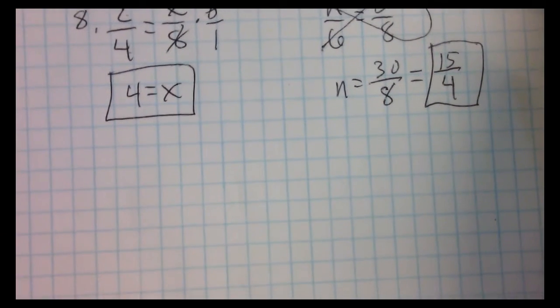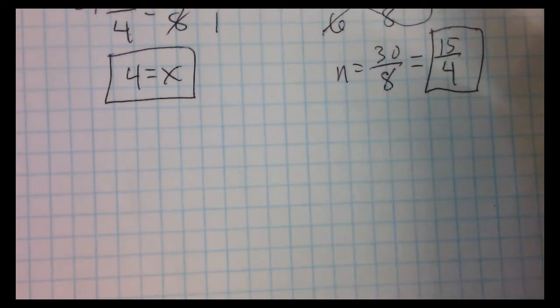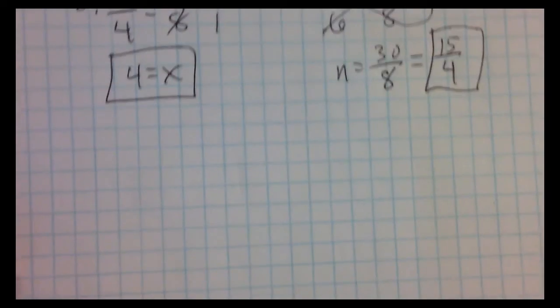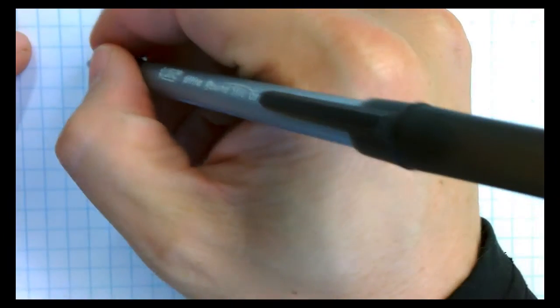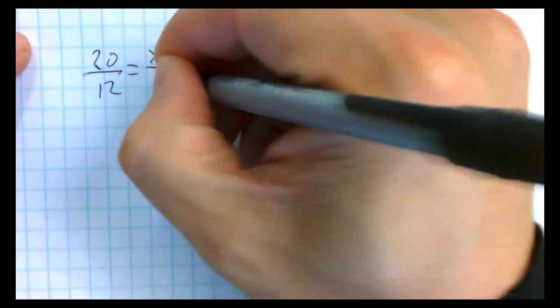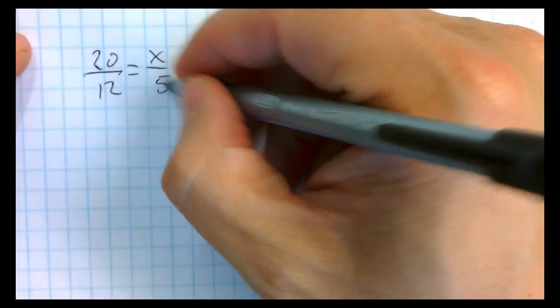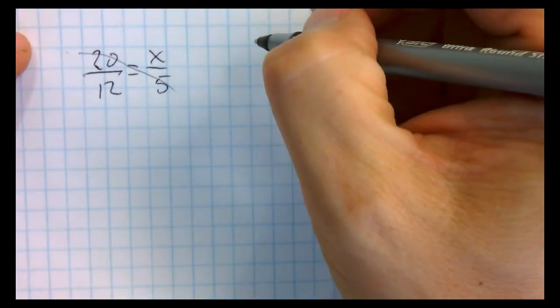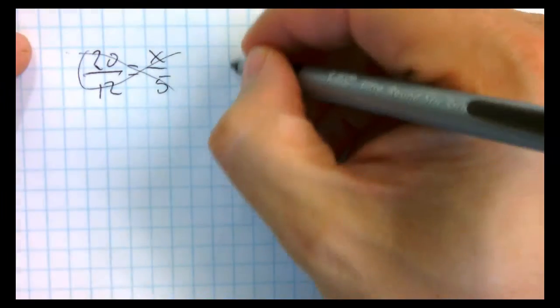Okay? Now it's pretty easy when the three things that are there are all just plain numbers. Like when you have, say, for example, 20 over 12 equals x over 5. We can cross multiply. 5 times 20 is 100, and then I got to do 100 divided by 12.